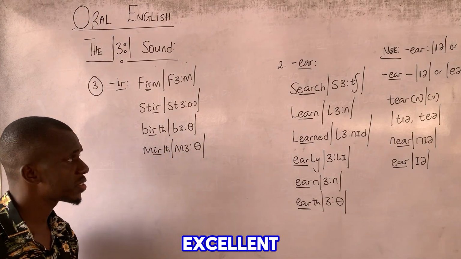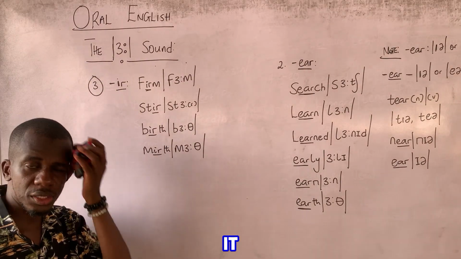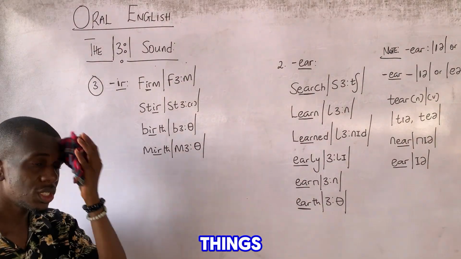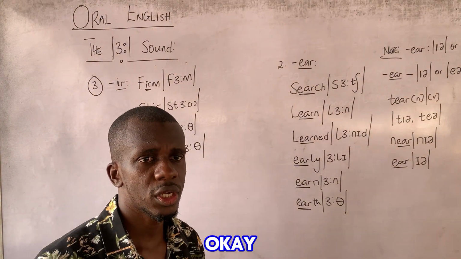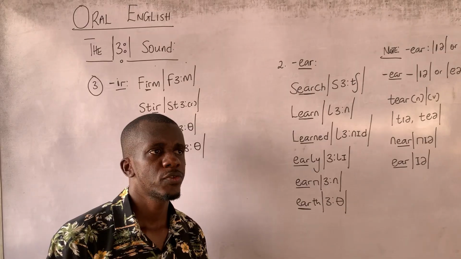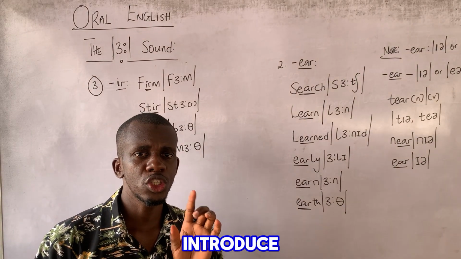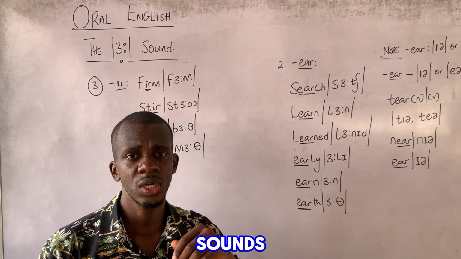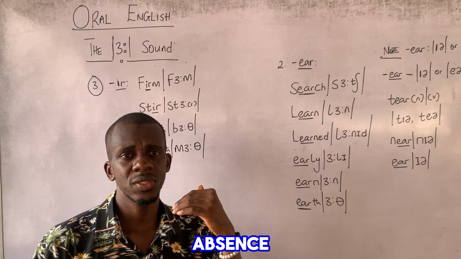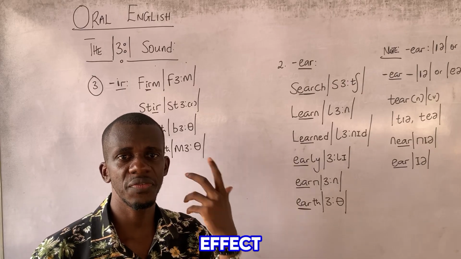See that? Excellent. So whenever we put a sound in brackets, it means two things. One, it is a style of transcription. Some English language users, when transcribing, do not introduce sounds in brackets, especially when the presence or absence of these sounds has no significance, has no effect.